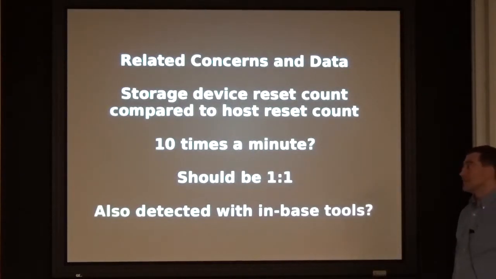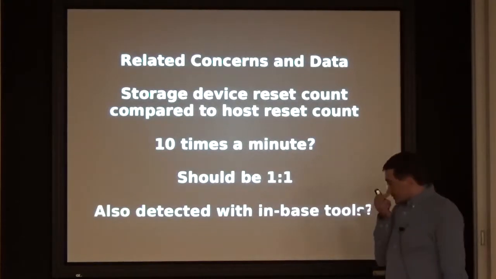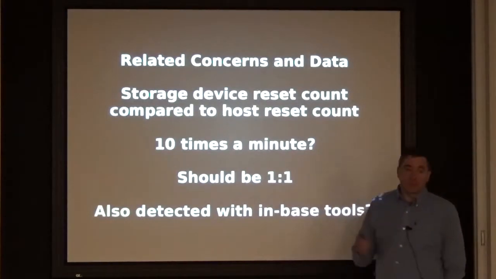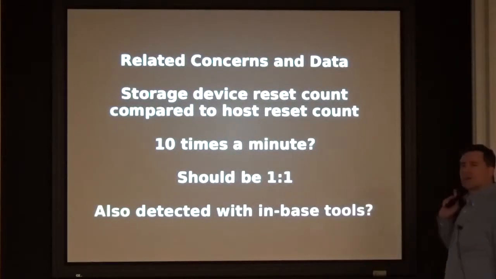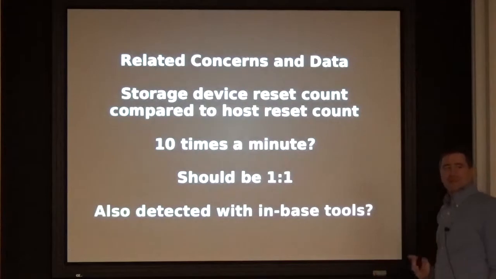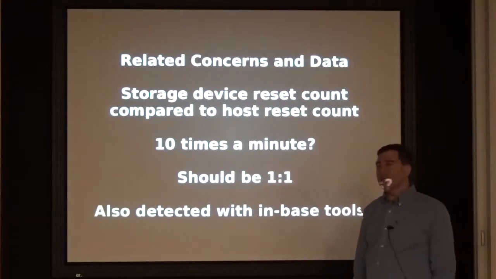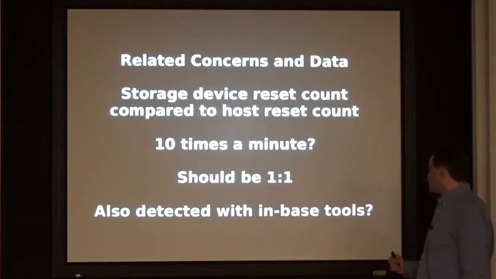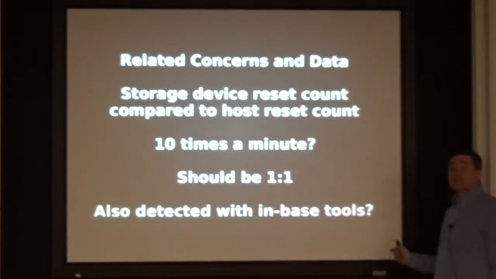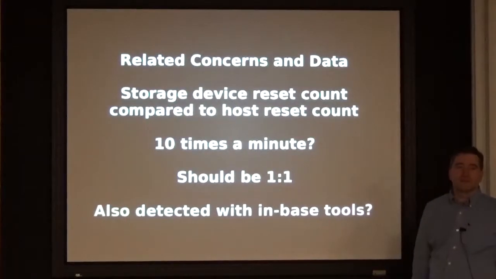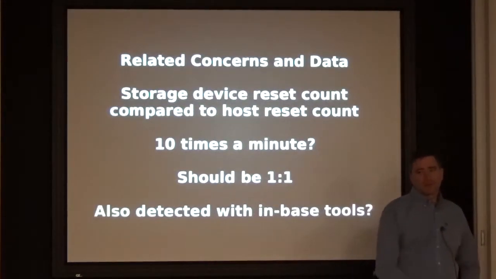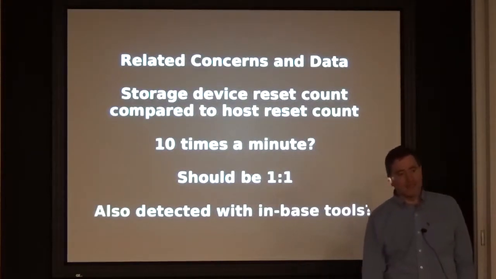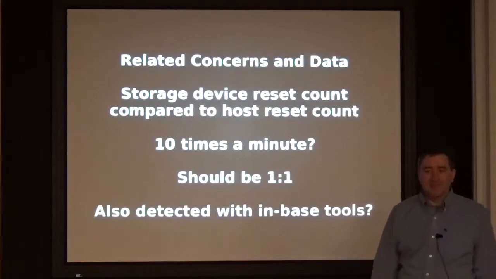I think we have a problem, and that does raise further questions. Should that be handled by, say, a daemon, by a utility, by the system administrator, or yet more Python scripts? But there are simple little bits of information like that that are very, very useful. So, can that be detected with in-base tools? That's very much a question here, where we have very robust operating systems rather than tiny containers with the bare minimum utilities to function.